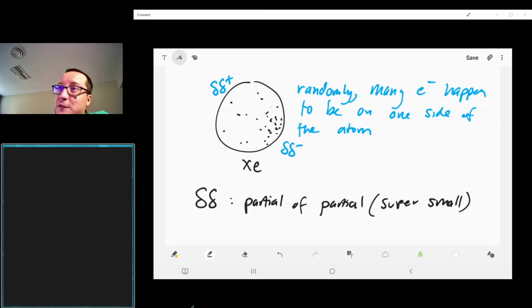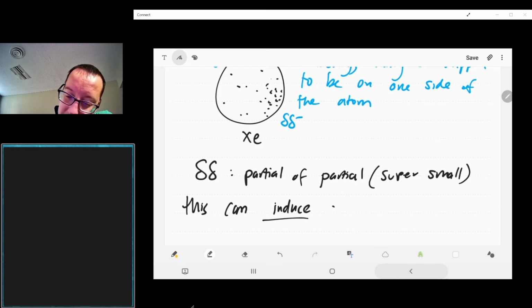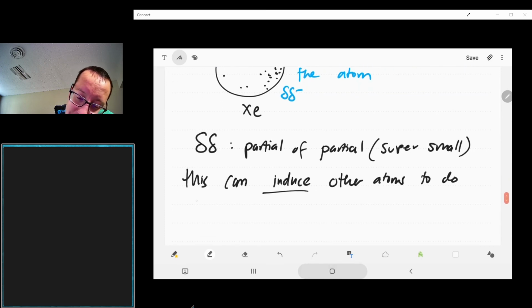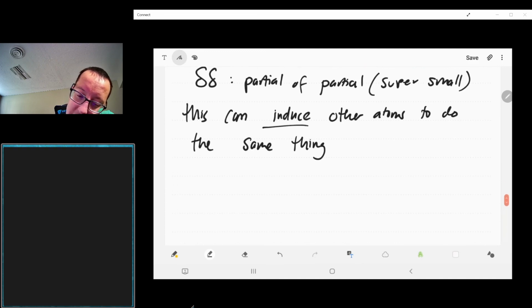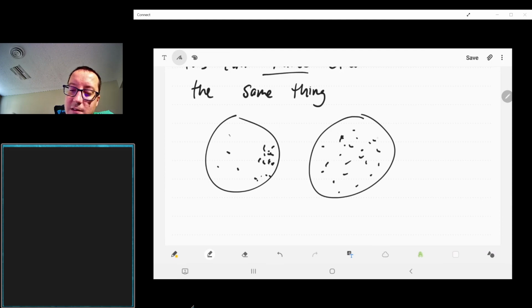But, I mean, that in itself is whatever. But what's really cool is this can induce other atoms to do the same thing. So if we have our atom here, this other atom, who might have its electrons all over the place, will be like, oh wait, there's a negative charge here.